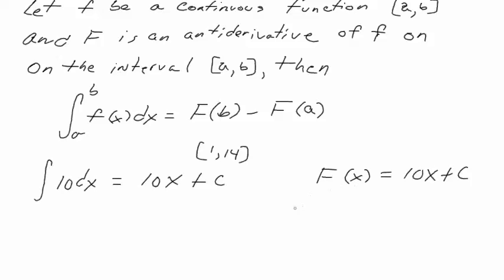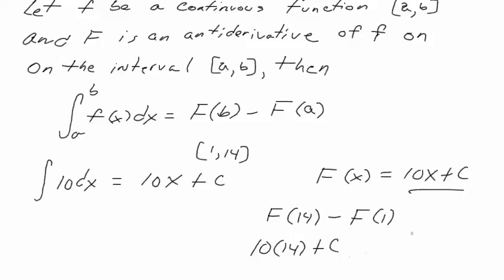So you're saying F of 14 minus F of 1. If we were to actually use this, you would just plug 14 in. So this would be 10 times 14 plus c, and then minus, always start a parentheses, 10 times 1 plus c.